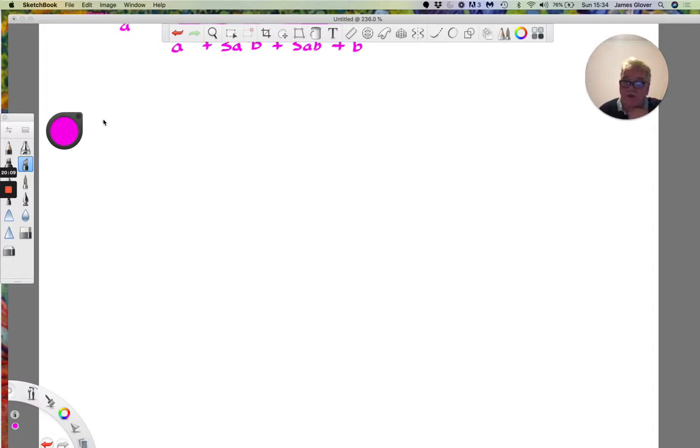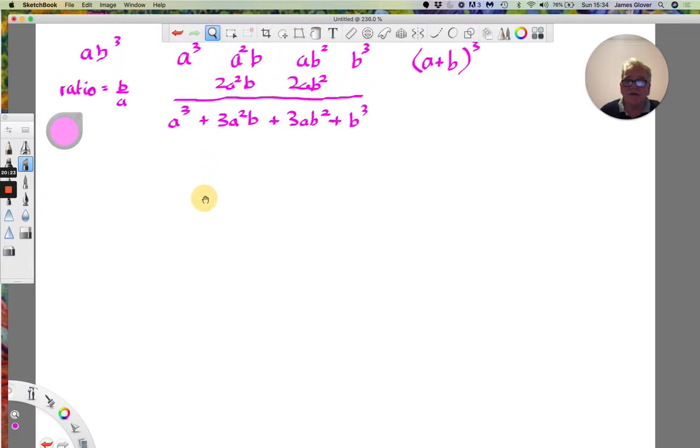Now I'm going to assume that you know how to do basic binomial expansions, and in fact I think what we'll do is look at this very example here, (a plus b) cubed. And the first step is to set down the first term to the given power here, which is a to the power of 3.